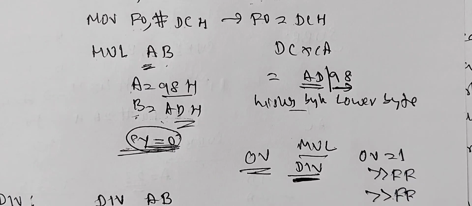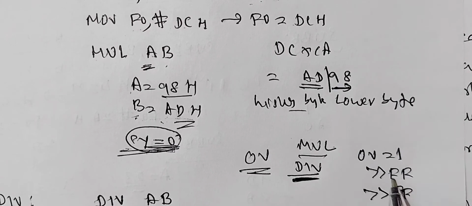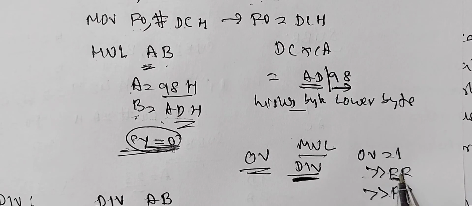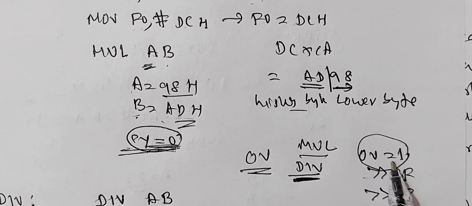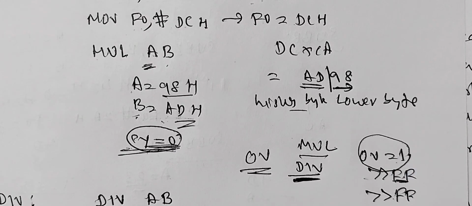When the quotient is greater than FF during division, or when the product is greater than FF during multiplication, the overflow flag is set to 1. Otherwise, the overflow flag is 0. So the carry flag is not used, only the overflow flag is used.